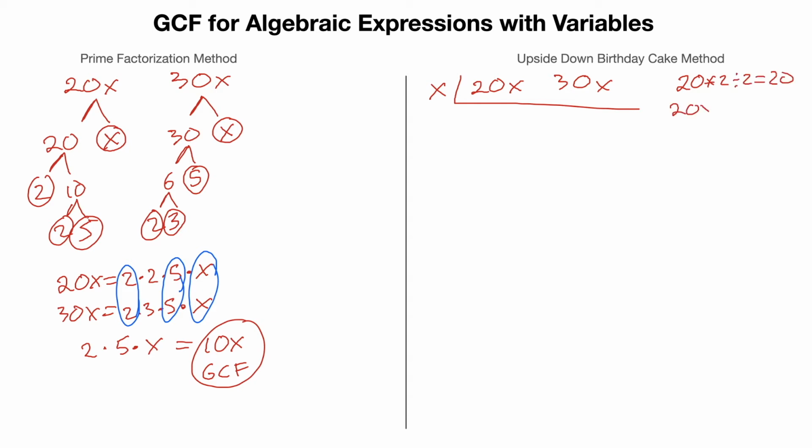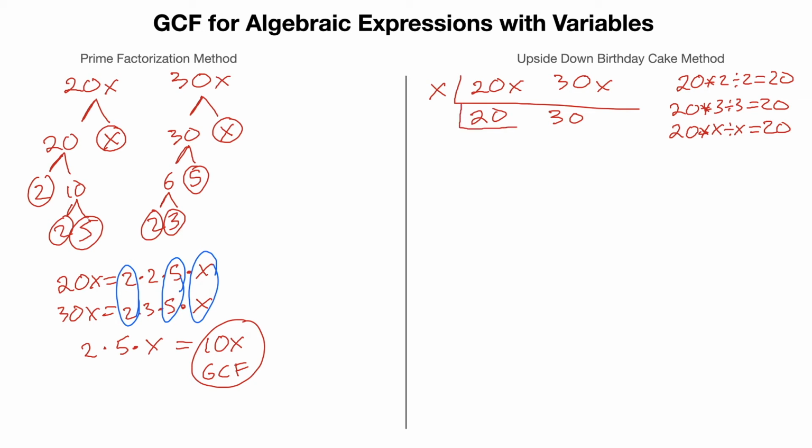If I had 20 times 3, which is 60, divided by 3, that's also going to equal 20. So if I have 20 times x divided by x, that's going to equal 20 as well. So if I'm dividing x, putting that x on the outside, I'm dividing that from 20x, I'll just end up with 20. If I divide 30x by x, I'll end up with 30.